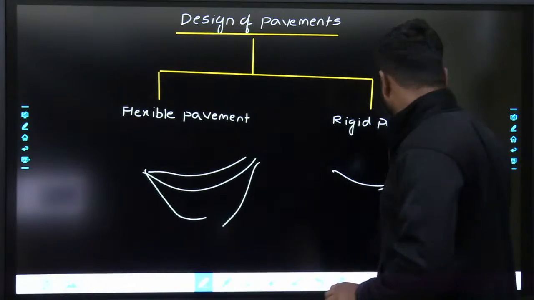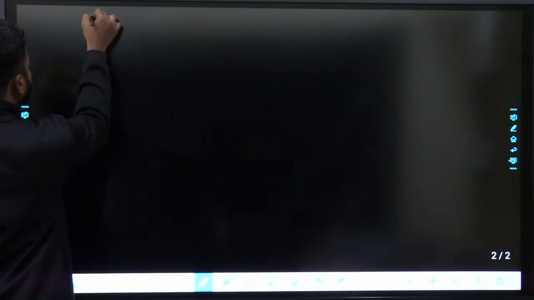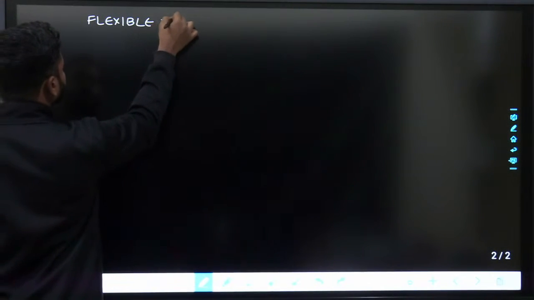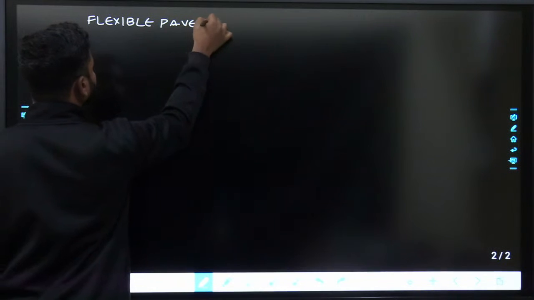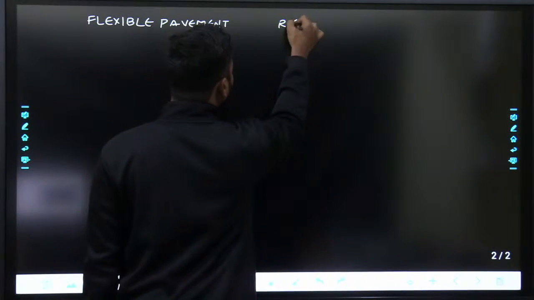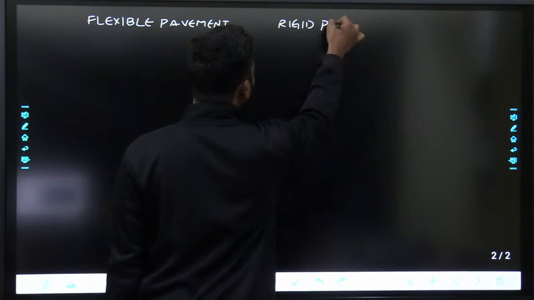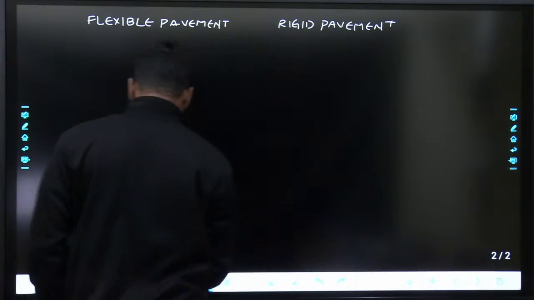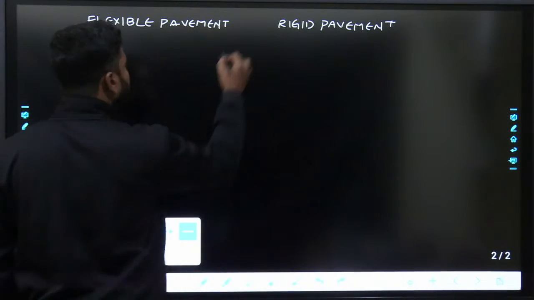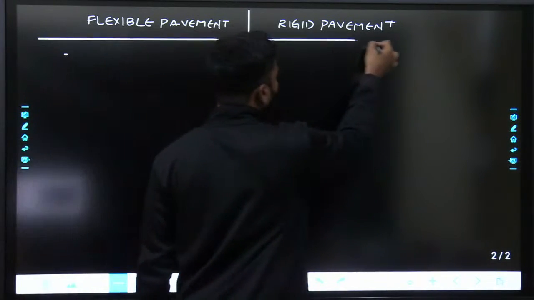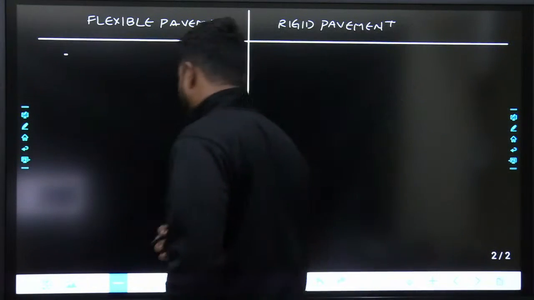So if we see the actual differences between flexible pavement and rigid pavement, the major difference you will see is in the cross section.